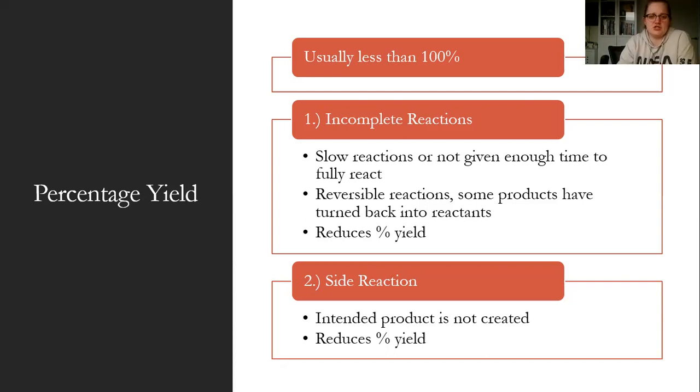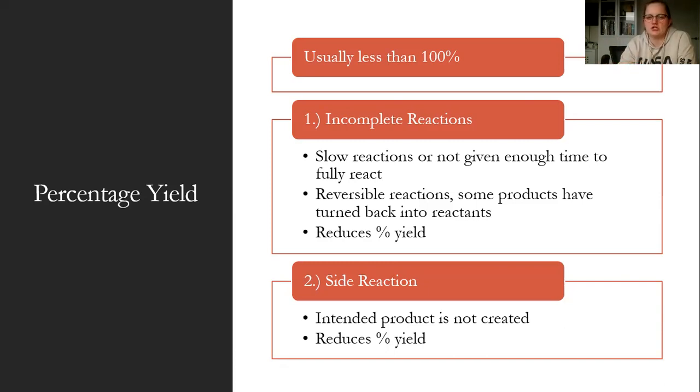One reason that percentage yield can usually be less than 100 is something called an incomplete reaction. This is either a reaction that's very slow, or a reaction that's not given enough time to fully react. That can mean the same thing, but for example, if you're carrying out a reaction and you end it too soon, you've not given it enough time to fully react, so you won't get 100% percentage yield.